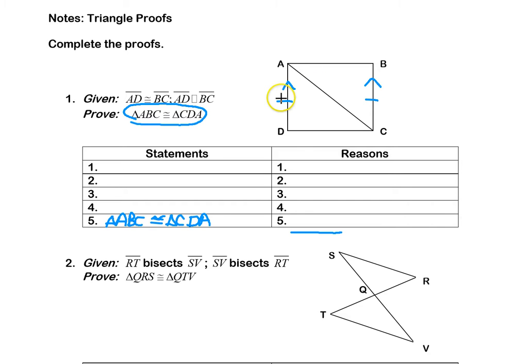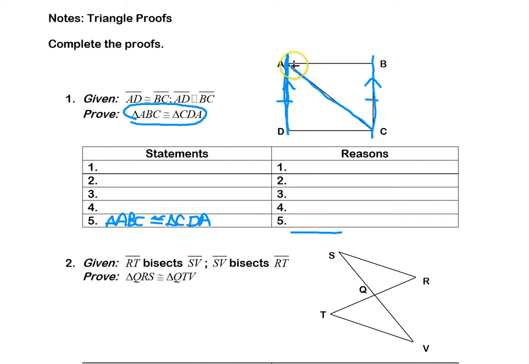So let's look at this now. We've got this side and this side congruent. We also know they share a side right here, so we can say that's congruent to itself. So we have a side, a side. We need one more thing. Well, we have parallel lines. They're always trying to hint at something if they tell you lines are parallel.